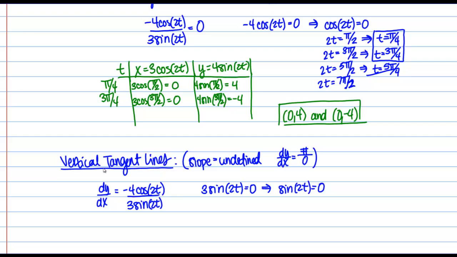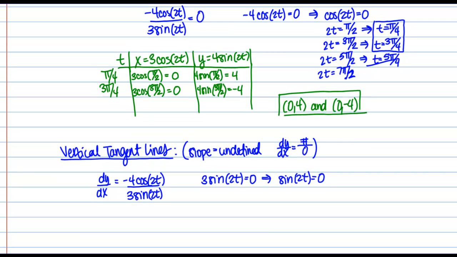We can go about this in the same way we did when we were solving our cosine equation. I want to think about the places where sine is 0, and specifically, t values between 0 and pi.